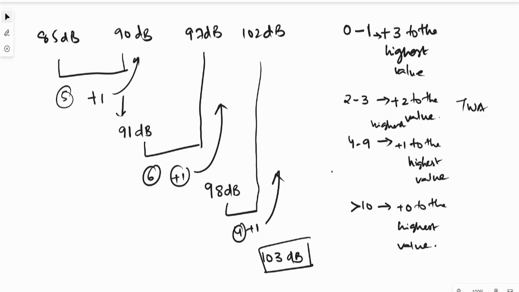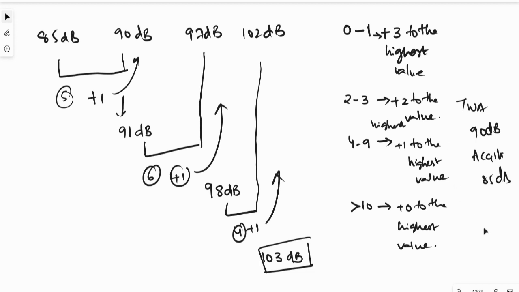What is the TWA of noise as per OSHA? As per OSHA, it is 90 dB. Okay, as per ACGIH, it is 85 dB. But just by seeing that, we know for sure that any person working in that area is overexposed.